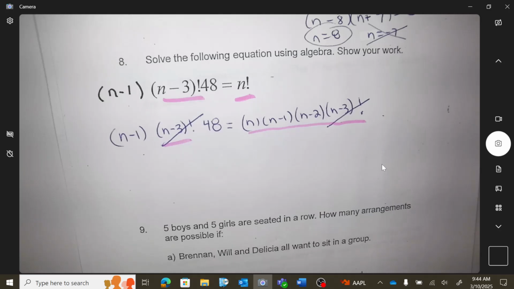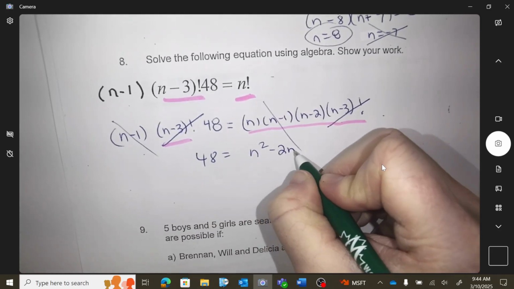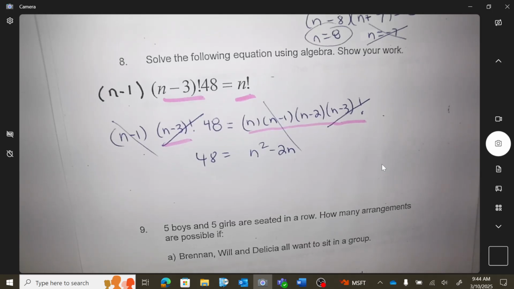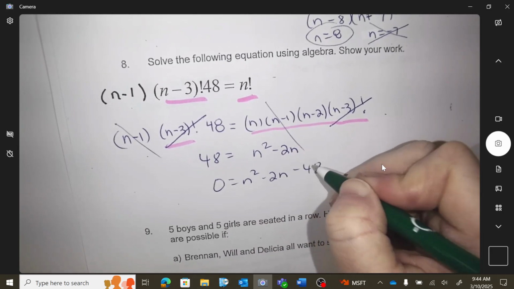Okay, I'm also going to swipe an n minus 1 out of both sides. Cancel, cancel, divide both by that. Zero it out because you have 2 variables.